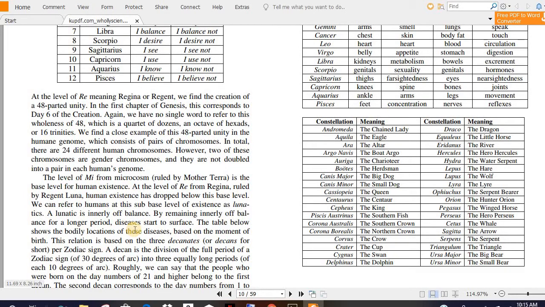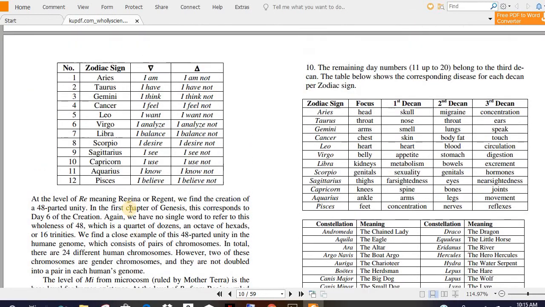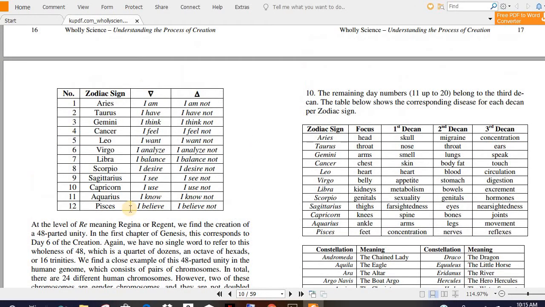Roughly, we can say that people who were born on the day numbers of 21 and higher belong to the first decan. The second decan corresponds to the day numbers from 1 to 10. The remaining day numbers 11 up to 20 belong to the third decan. The table below shows the corresponding diseases for each decan per zodiac sign.